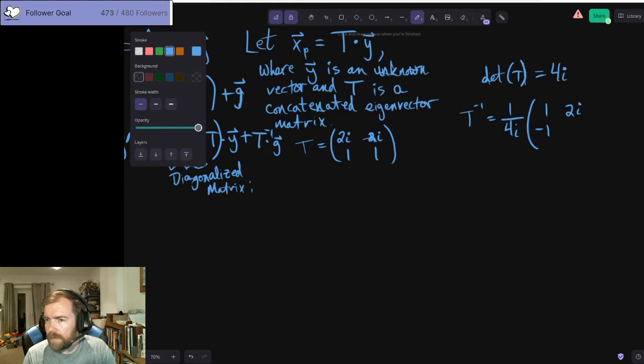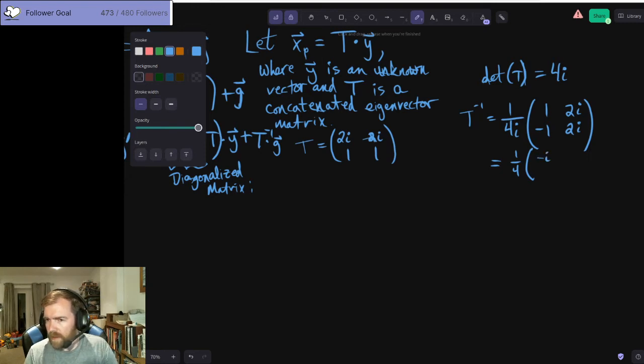And then it's negatives along the other. Okay, so then with this, we're going to get a 1/4 multiplied by, and if we divide by i, that's also the same as multiplying by negative i, or i to the third.